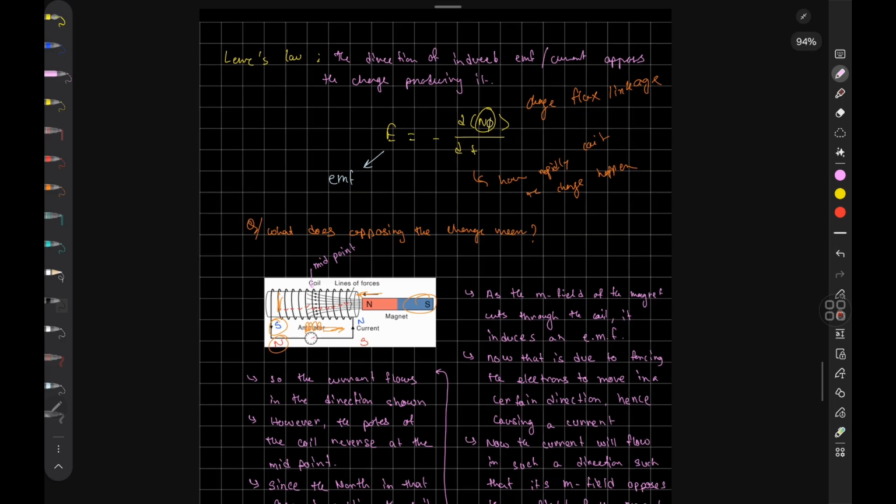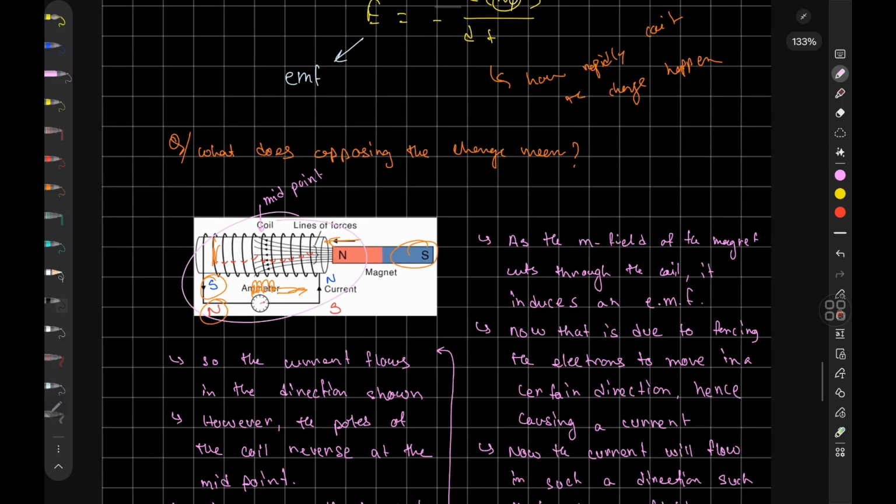Okay, so for example in this case that we were talking about in last class, we saw how this change in magnetic flux through these coils, that is this coil cutting through the magnetic fields, is inducing a current in such a manner in the coil that it opposes the effect causing it.